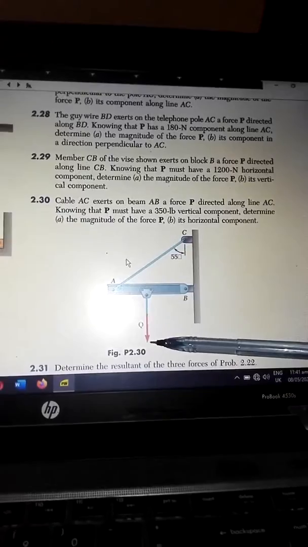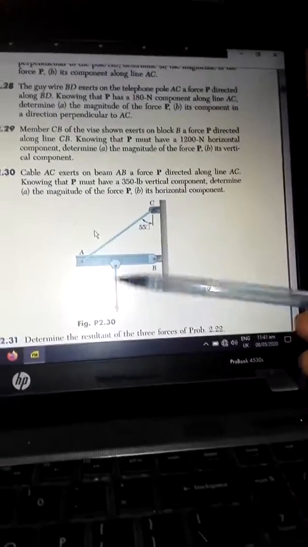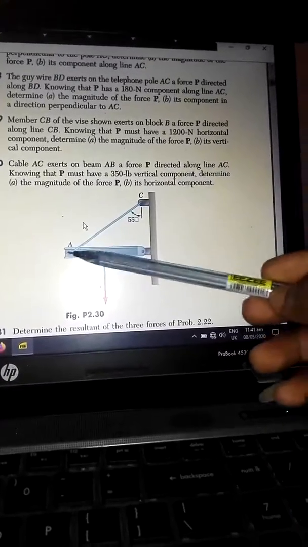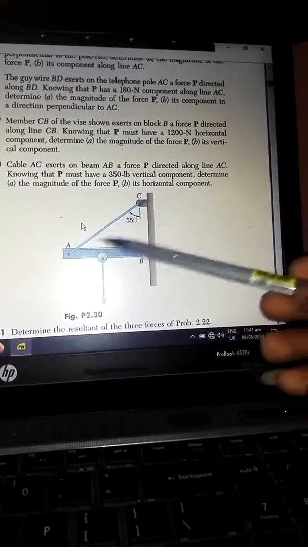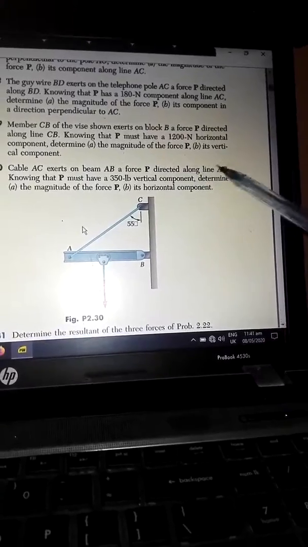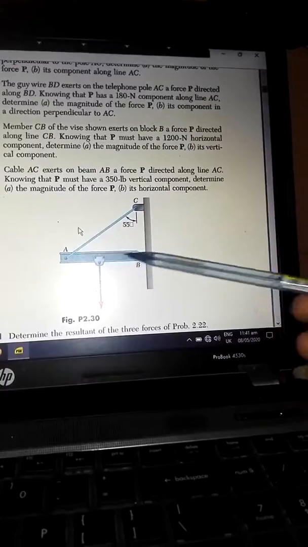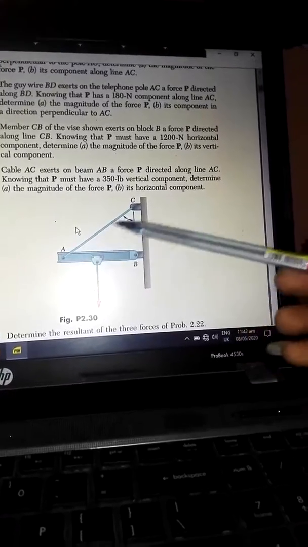You can see it is not referred to at any point in this problem, so you actually don't have any business with the force Q. So the cable AC exerts on beam AB, this is beam AB, this is the cable AC. It exerts a force P directed along line AC. So the force it exerts on this beam is directed along this line.